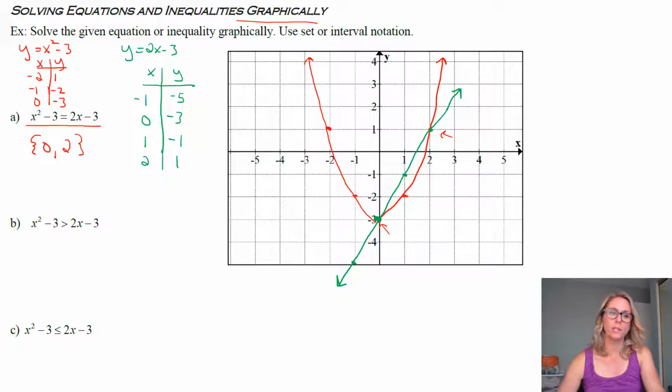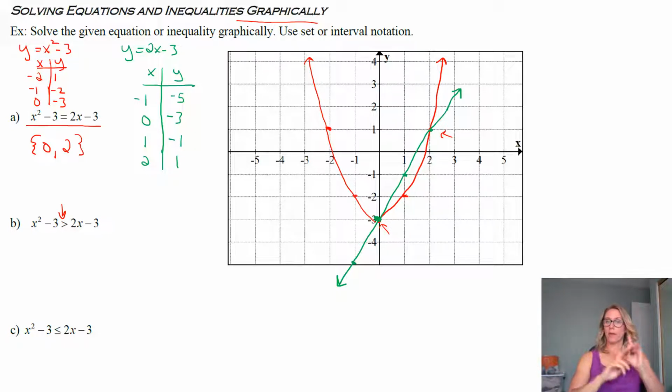Now the second question is when is x squared minus 3 greater than the line? Understand that graphically speaking, this is just asking where the y values of the parabola are greater than the y values of the line. And we can look and see our answer.